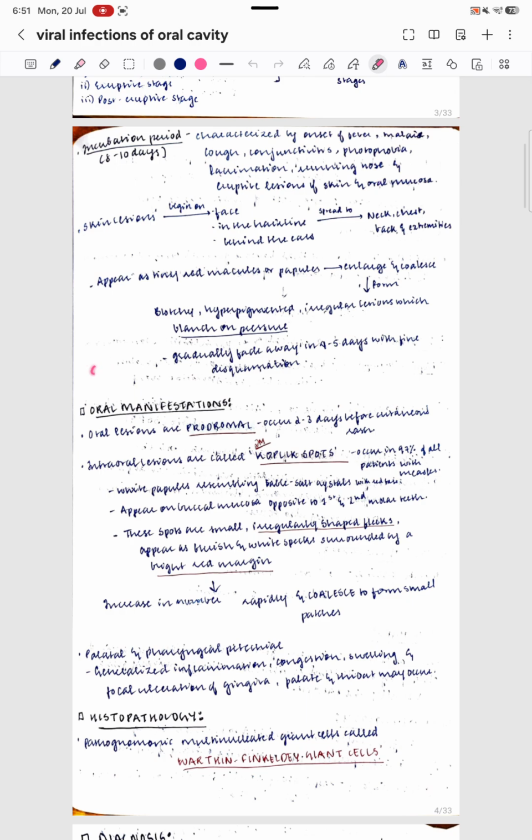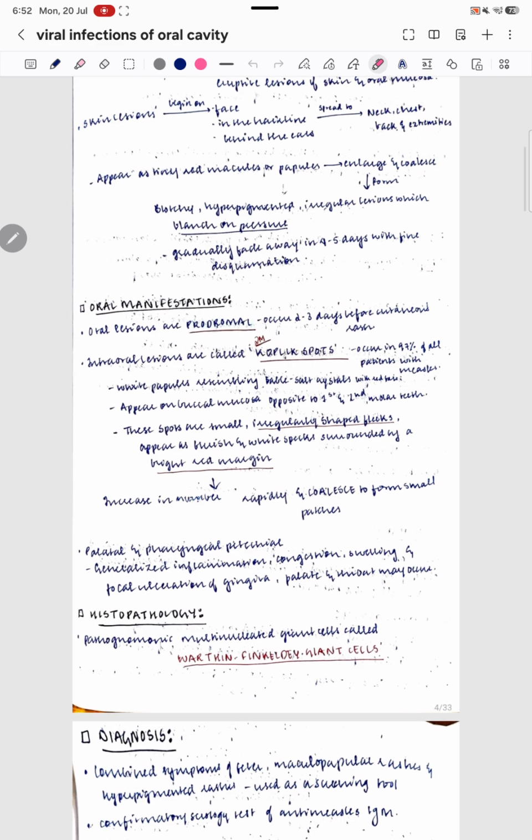These papules slowly enlarge and fuse together, or coalesce, to form blotchy, hyperpigmented, irregular lesions which are blanched on pressure. So when you put pressure, they blanch. They gradually fade away within 4 to 5 days with fine desquamation.